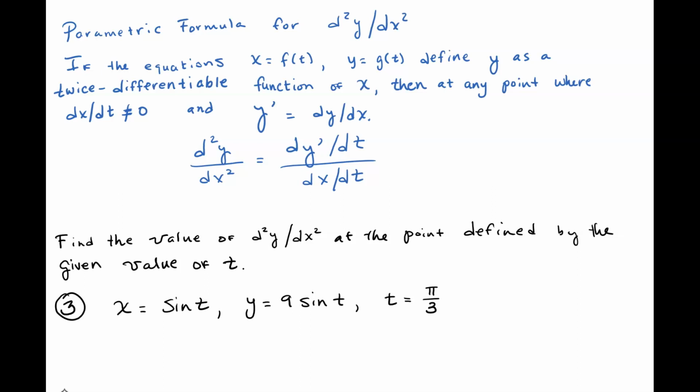It says if the equations x equals f of t and y equals g of t define y as a twice differentiable function of x, then at any point where, of course, dx/dt is not equal to 0, since it's the denominator, and y prime is the first derivative, dy/dx, that you might have already found, then the second derivative, d2y/dx2, is going to be the derivative of the first derivative of y divided by the original derivative of x.